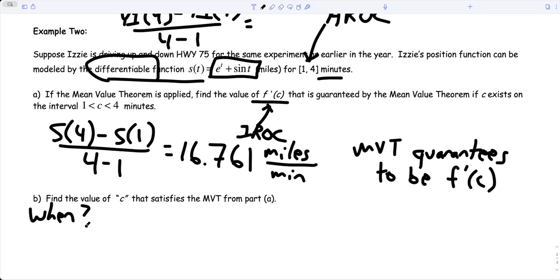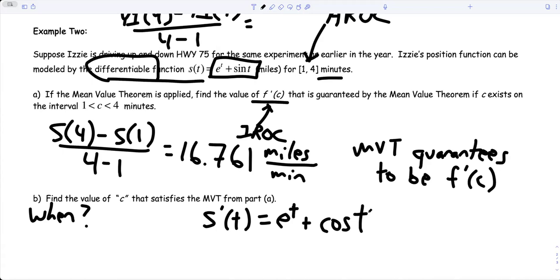Find the derivative. So S prime of t equals, what's the derivative of e raised to the t? e raised to the t. Plus, what's the derivative of sine of t? Plus cosine of t.